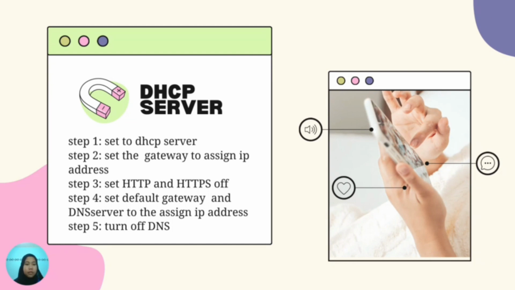The third step is to turn HTTP and HTTPS off. Step 4, set the default gateway and DNS server to assign the IP address. And the last step, turn off DNS. Next, I will show you the result of the ACL configuration.